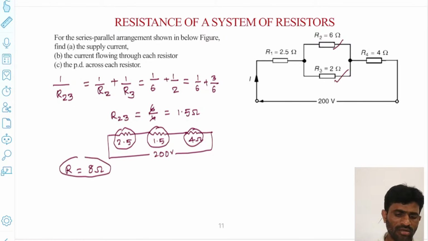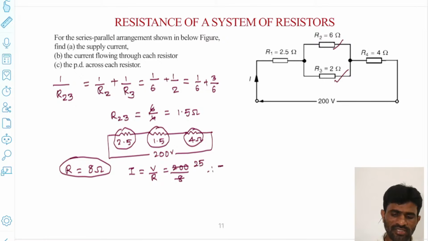Once you know R, you can find out what is I. I is equal to V by R. That is 200 by 8. 8 ones are 8, 8 twos are 16, 8 fives are 40.